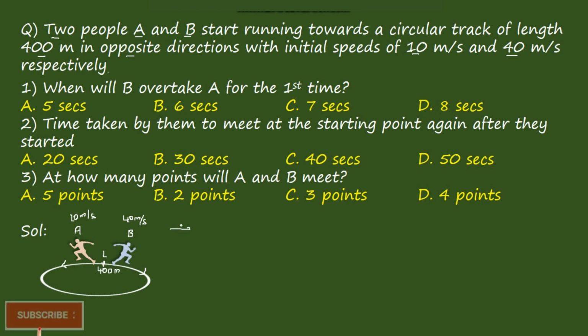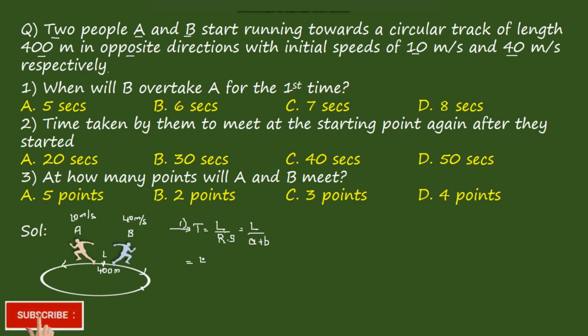Okay, so the point at which both of them will be overtaking or meeting, it is nothing but, we know the formula. Time taken when they will meet is equal to L by relative speed, which is equal to L by A plus B. As they move in the opposite direction, it becomes plus.